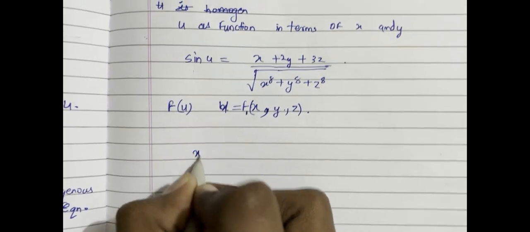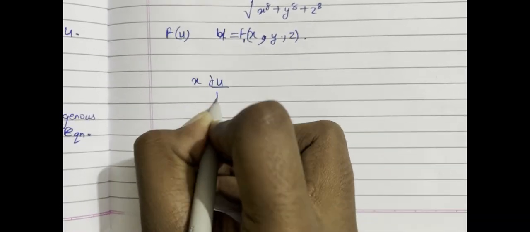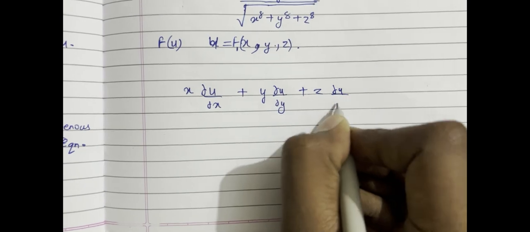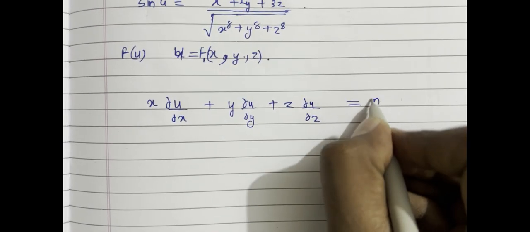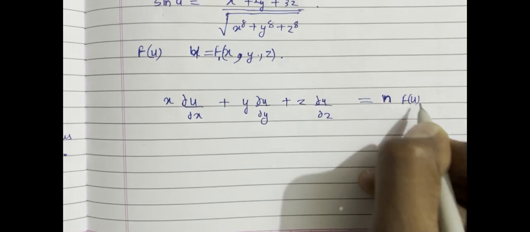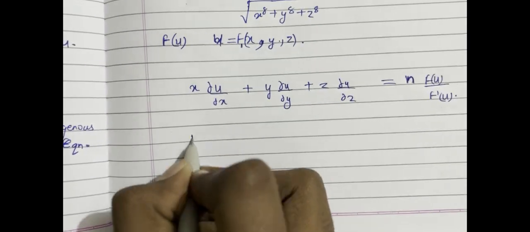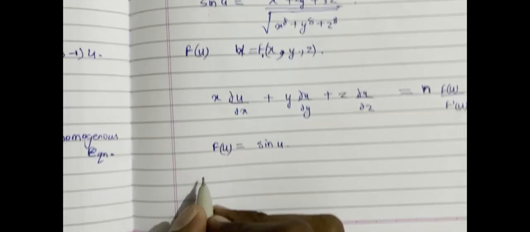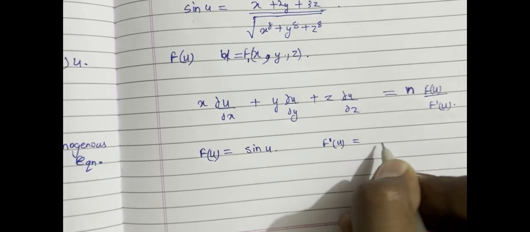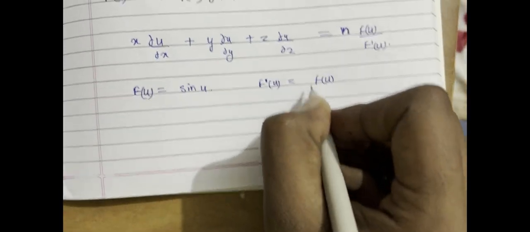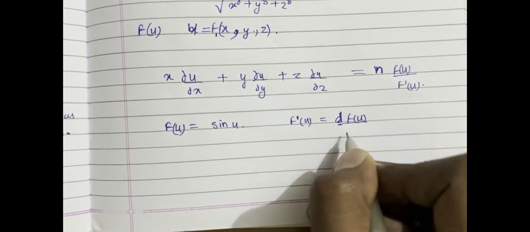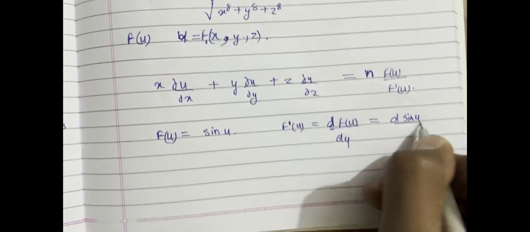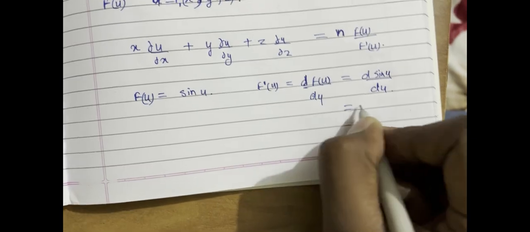Corollary third states that x ∂u/∂x plus y ∂u/∂y plus z ∂u/∂z will be equal to n into f of u by f dash of u. f of u is nothing but sin u, and f dash of u is the differentiation of f of u with respect to u, that is differentiation of sin u with respect to u is equal to cos u.